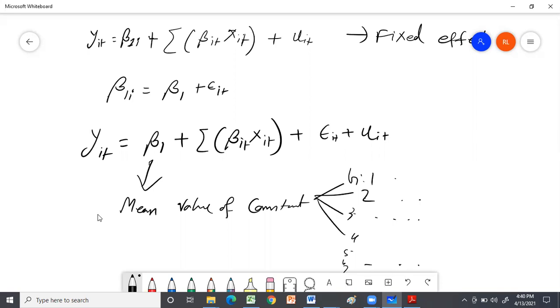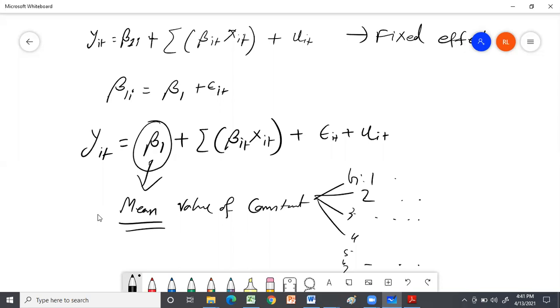That is why the name of the method is random. Because you have taken their mean values. For all of these 7 groups, there are 7 different constants that were estimated, but those 7 different constants have been calculated as a mean value, which constitutes only one constant value in your output of the regression model.